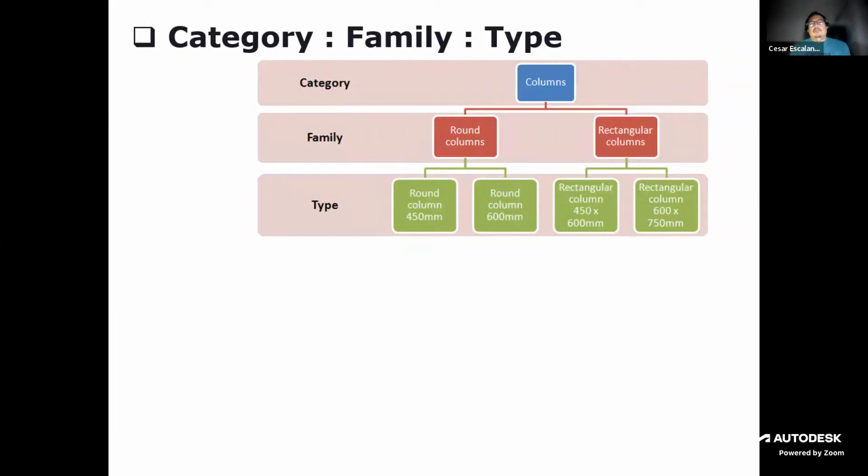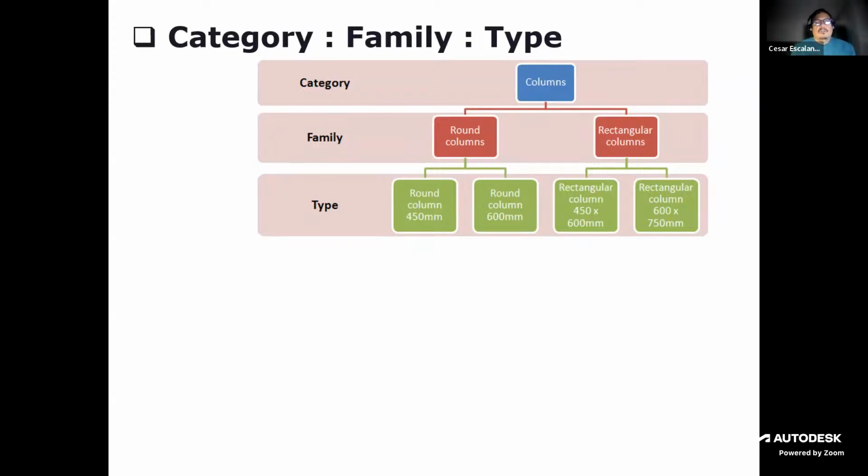A category in Revit is a collection of parameters that are common to a geometry. An example, columns. All columns have a material. They are hosted on a level. They have a height. They have an analytical line that represents the force.